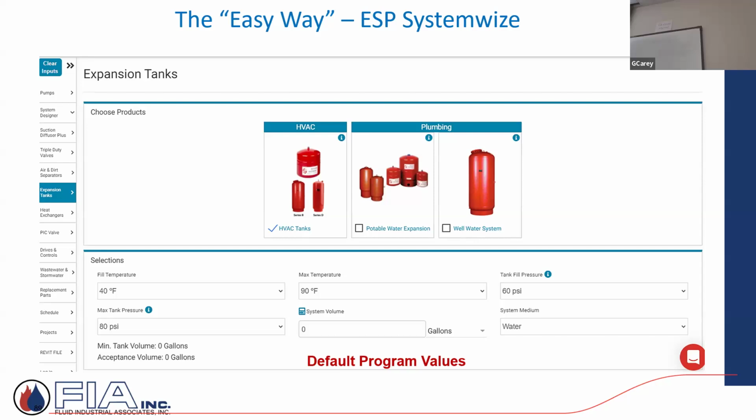And then you have HVAC tanks, which is what we're talking about, or you could get into plumbing tanks, which could be potable water for domestic water, where you're heating water and you have backflow preventers. So once cold water comes into a commercial building, it can't go back. So it's a check valve.